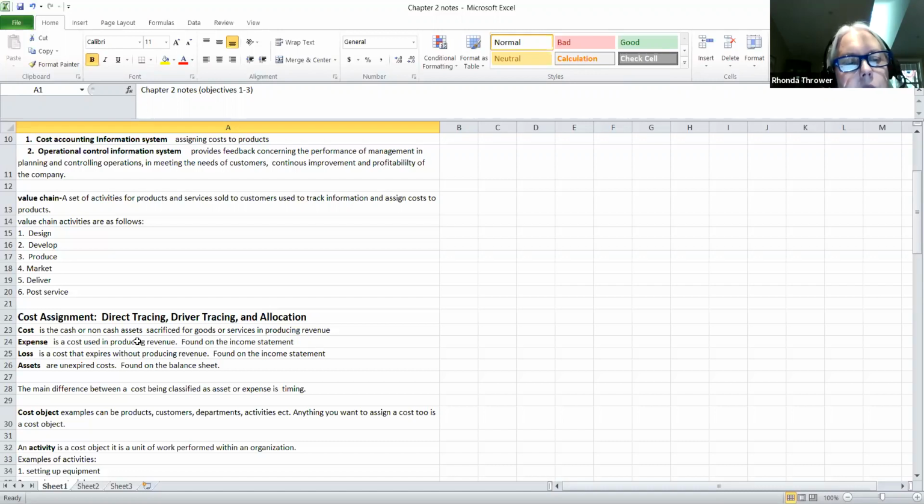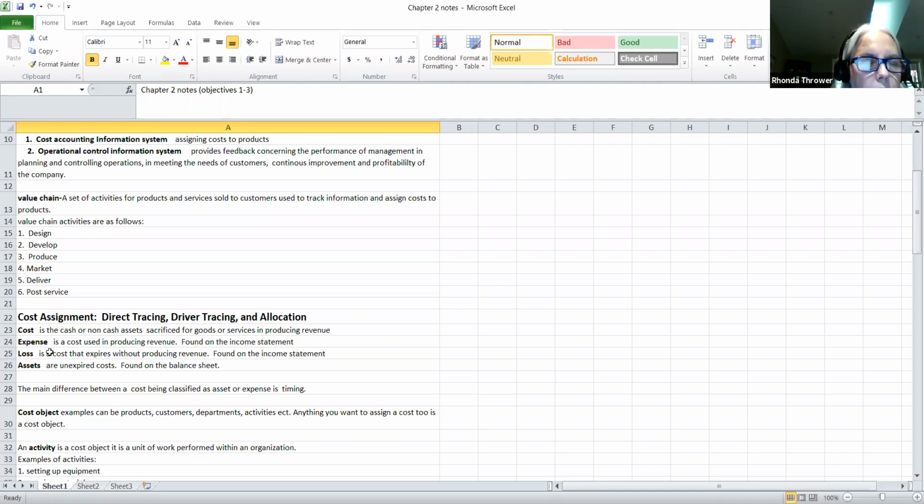So a cost is just a sacrifice of cash for goods or services that we are using while we are producing revenue. An expense is also a type of cost that was used in producing revenue.